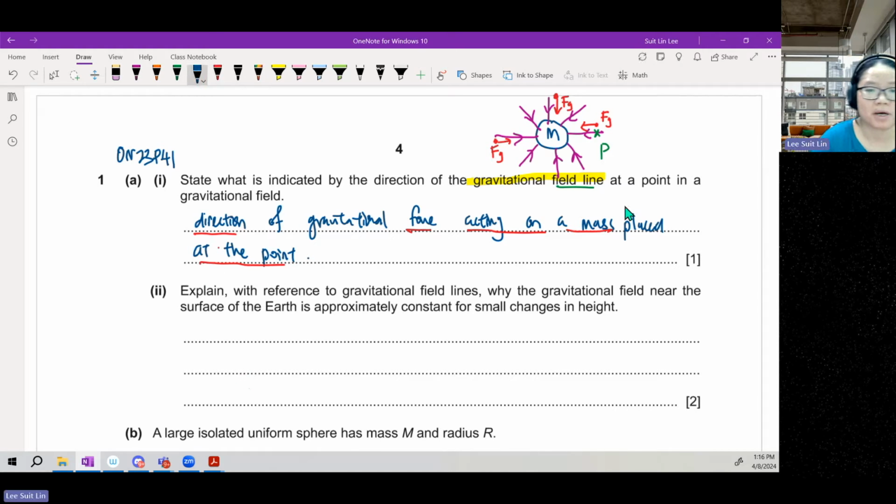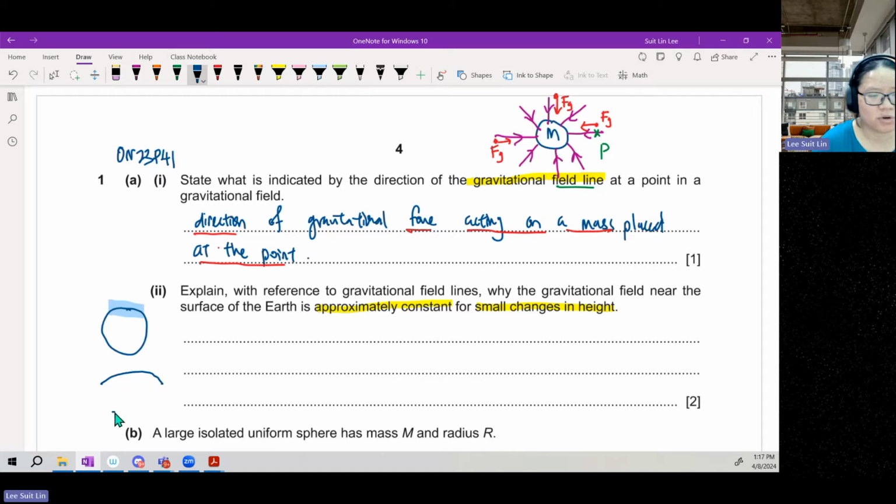Okay. Part 2. Explain with reference to gravitational field lines why the gravitational field near the surface of the Earth is approximately constant for small changes in height. So we've done this question before in some other past year question, but if I zoom in onto, let's say, this section of the Earth, it will no longer curve, right?